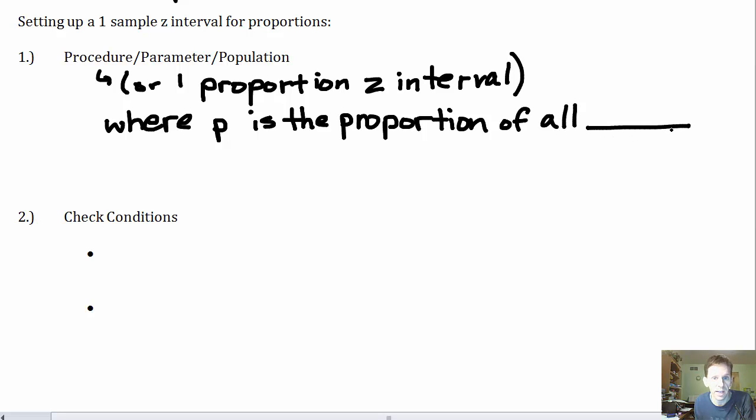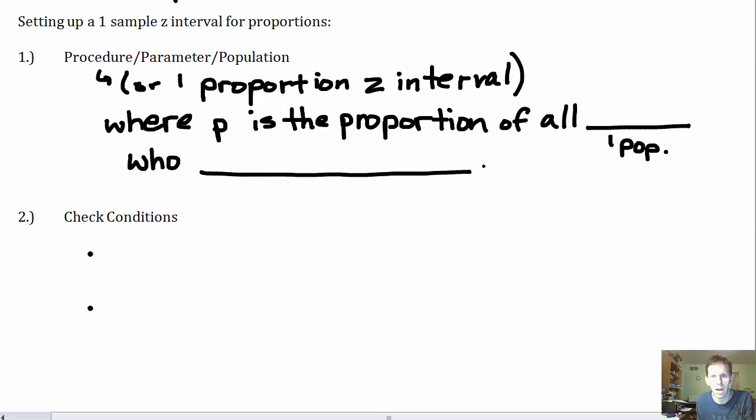Voters who choose a certain candidate, for example. This is where your population comes in as well. So proportion of all, this is your population, who, and then whatever this population is voting for is essentially the finishing part of your parameter. So the p is the proportion of all, whoever your population is, who, whatever the parameter is.